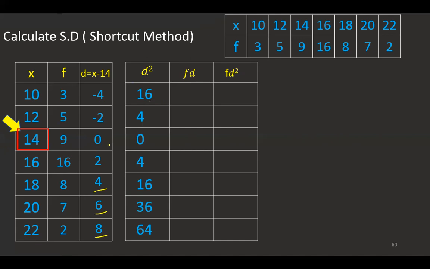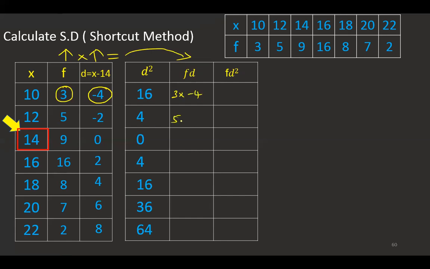Now, what is the next column here? The next column says F and D. Which are the columns here? F is this column, D is this column. I'm going to multiply them and write here. My F value is 3. My D value is minus 4. So I'm going to find out 3 into minus 4.